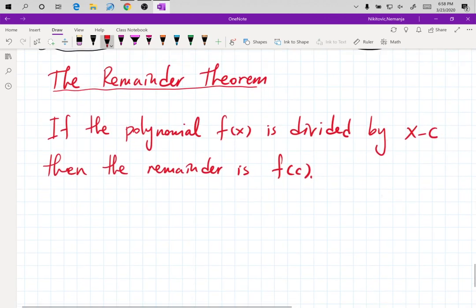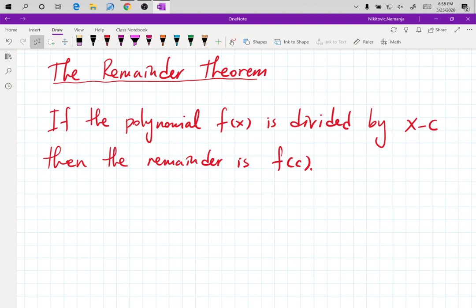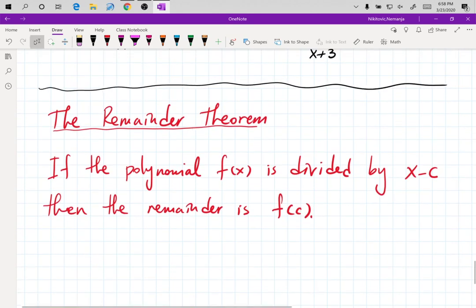We will demonstrate that by using an example we had from before, right?